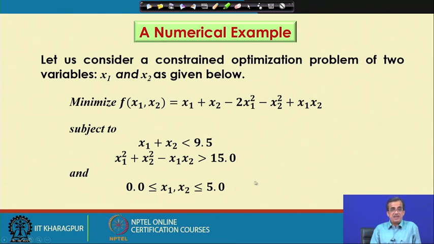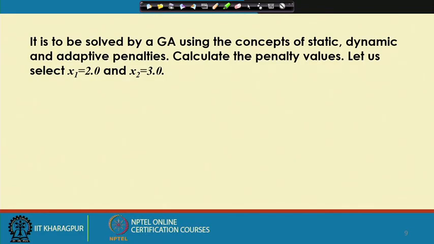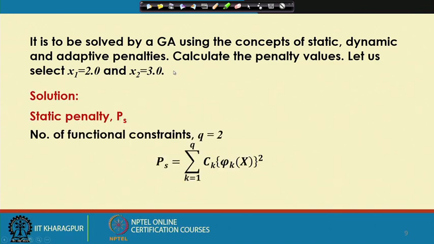Now, let us see how to calculate the penalty terms using the concept of the static penalty approach, then the dynamic penalty approach and the adaptive penalty approach. Let me consider one set of values of the variables, like x 1 equals 2.0 and x 2 equals 3.0.